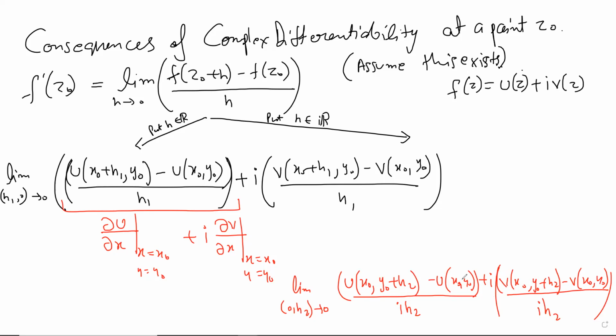So now what are these things? If you just take the I out, it is again basically the derivative of u, looking at it as a function of y at x0 and y0, not writing that now.